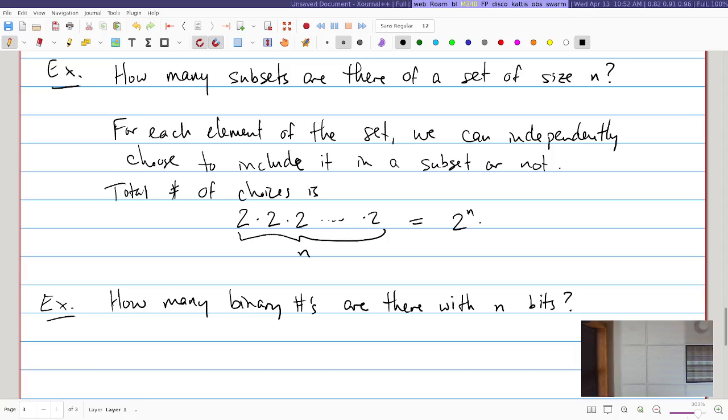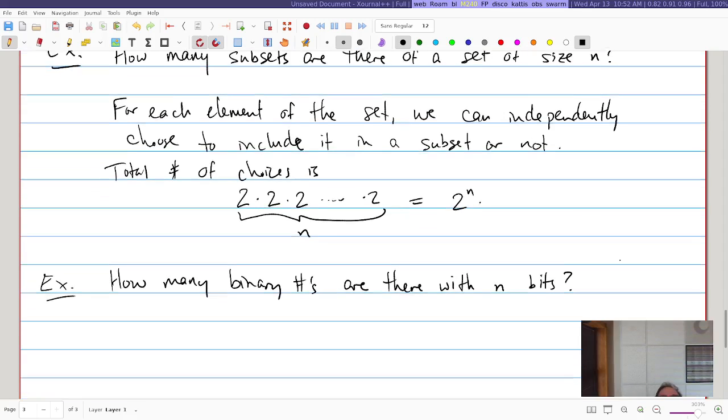Okay. And this is just like any of the above, because every bit is going to either be 1 or 0. Yeah, these 2 examples are really the same thing, in different guises. So yes, I have n bits. For each one, I can independently choose whether I want it to be a 1 or a 0. So the answer is going to be the same.